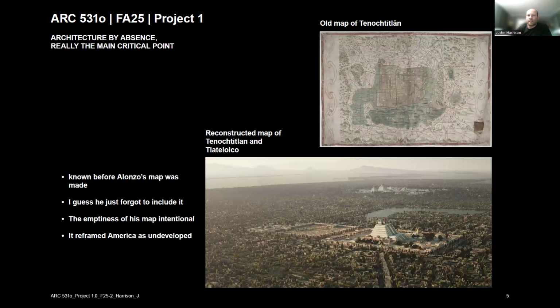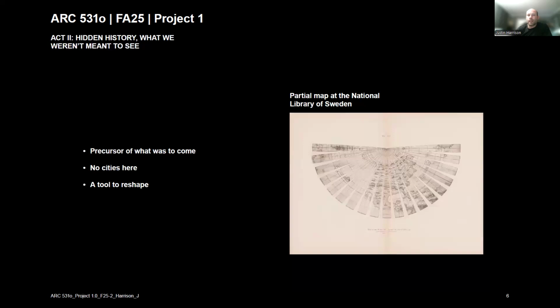So what is happening politically when this map was created? By this time, a set of laws had been passed for the Indies, when Spain was panicking about exploration reports. This map right here is a partial one that is in Sweden's national library. The final resting place is unknown, probably a private collector or something like that.